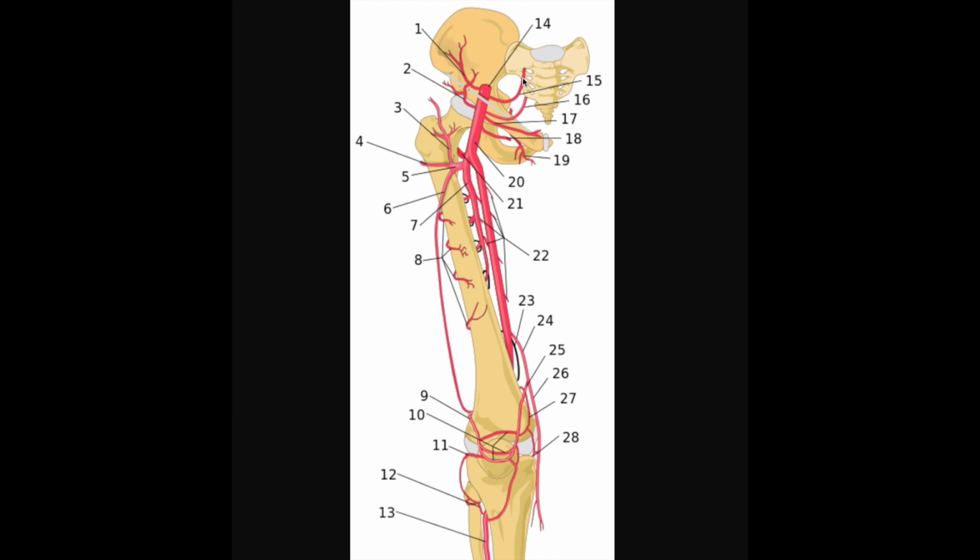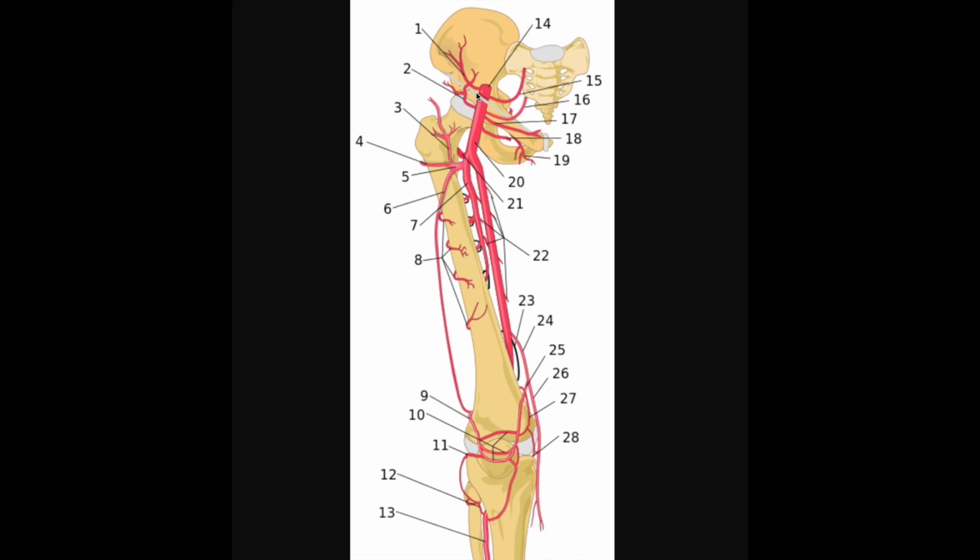The other one, so let's go back to number 1 and start in order. Number 1 is the circumflex, but specifically the deep circumflex iliac artery. The reason I wanted to mention this one is that people tend to identify it a lot on angiograms, but I had a patient that had a spontaneous hematoma, and in this case it was not arising from the inferior epigastric, which is probably more common.